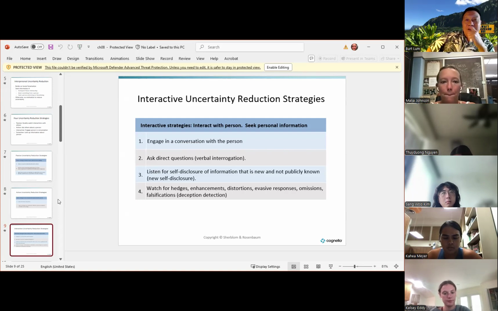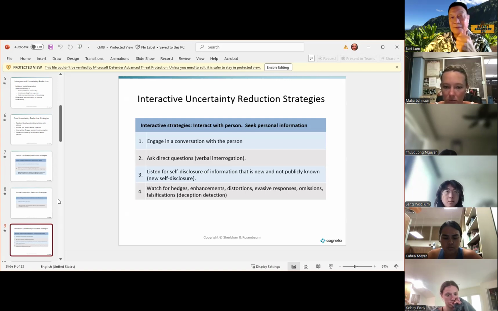And in a relationship, you might have this conversation, and perhaps the person will share something that is personal. Maybe they'll share a hobby, or maybe they'll share something about a family situation.